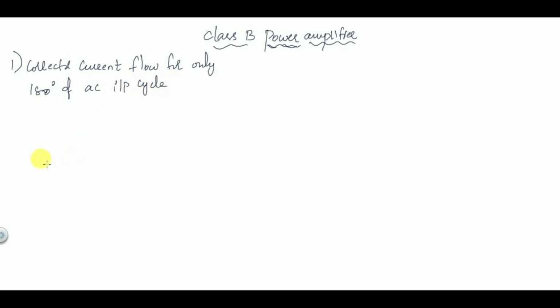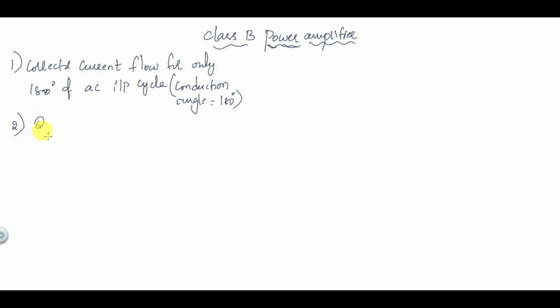Okay, so collector current flows for only 180 degrees of AC input cycle, that is conduction angle is 180 degrees only.